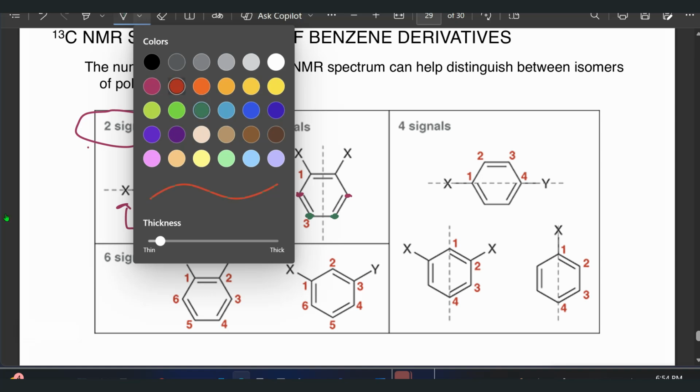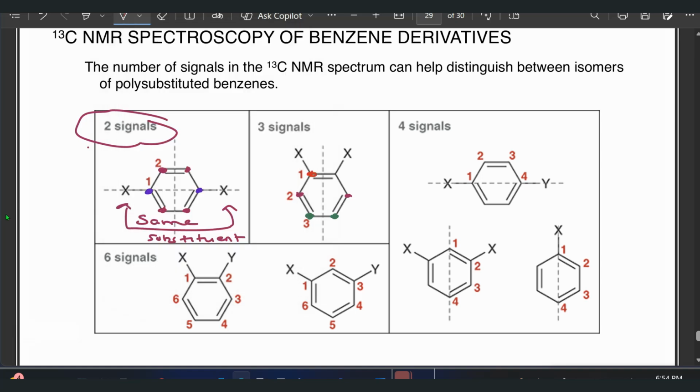And the top ones should be the same because of symmetry here. Internal planar symmetry. Here, these are different. So you expect 4 different carbon peaks.